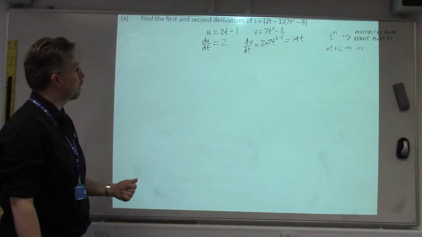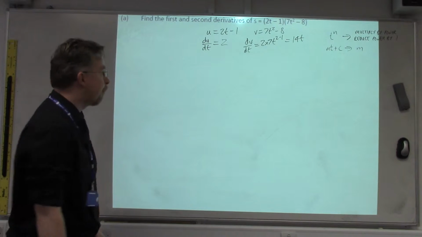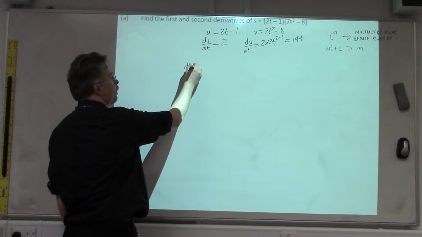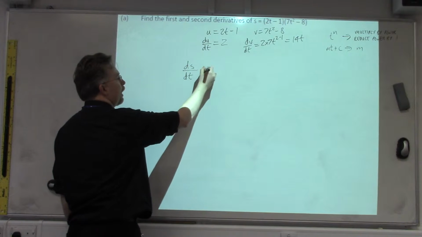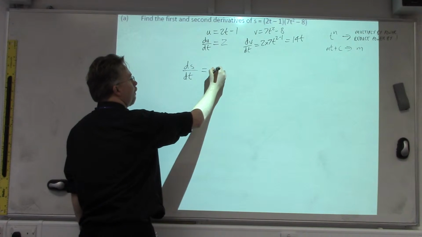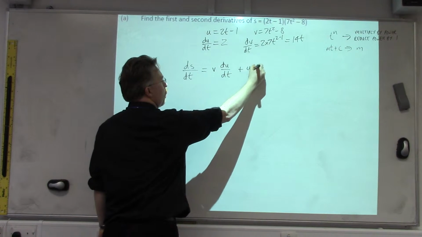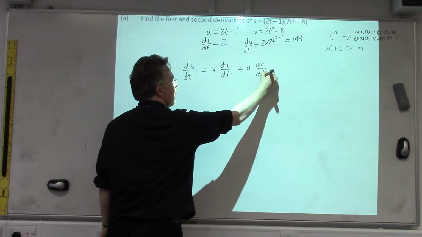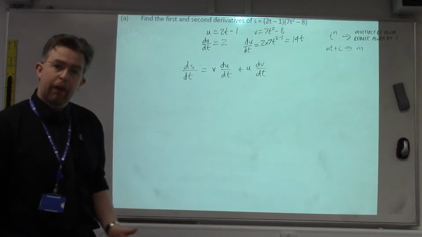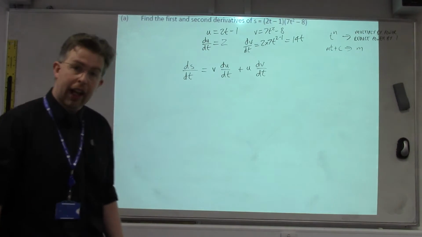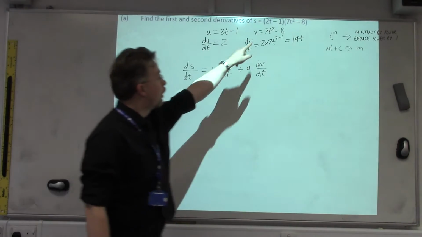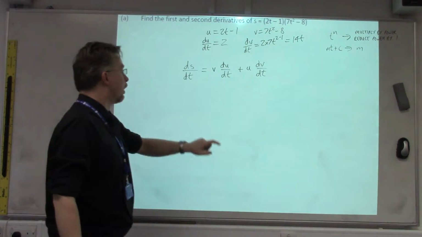Right, so now we've got our du by dt and our dv by dt. The product rule, which will allow us to find ds by dt, is equal to v times du by dt plus u times dv by dt. So this is a particular formula that allows us to differentiate two things multiplied together.